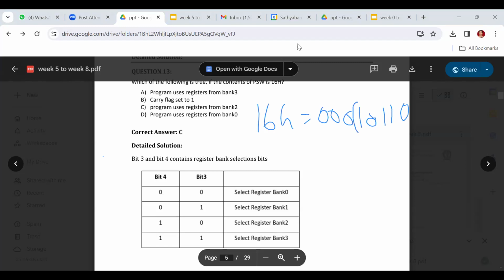So this particular bit decides the bank. You see here RS1 and RS0. We all know that this is 1 and this is 0. Now which bank will be selected? 1, 0. Bank 2. So automatically bank 2 will be selected.